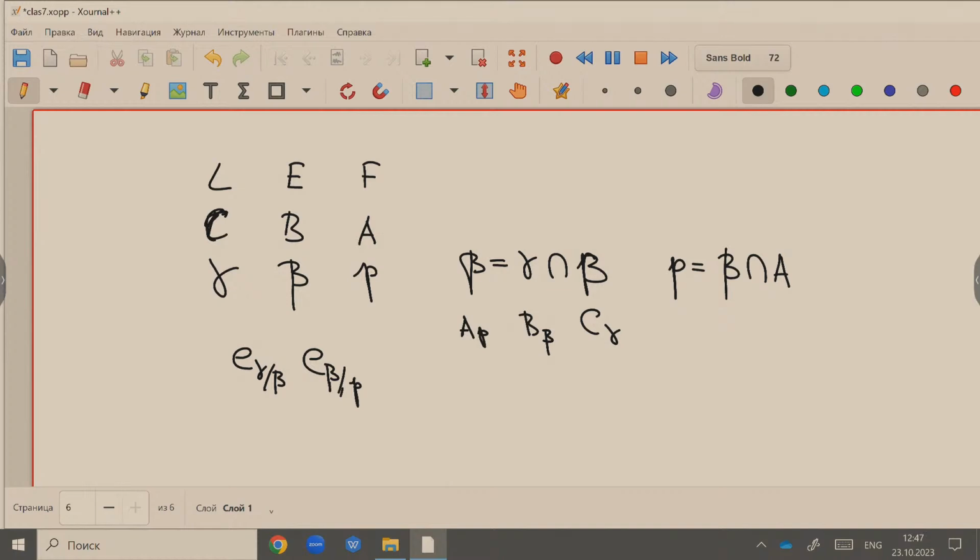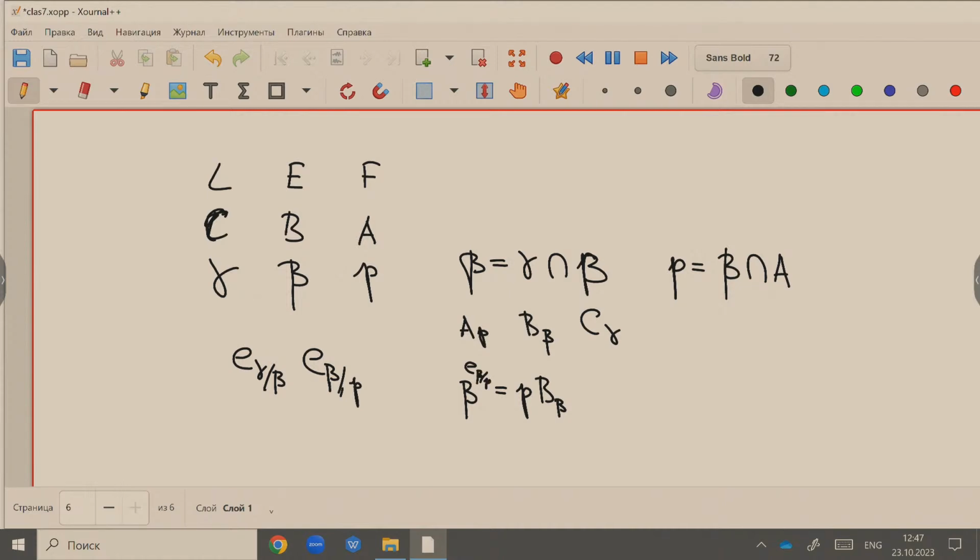In these rings, P times B_beta will be expressed as beta to some power. This is precisely the ramification index of beta over P.